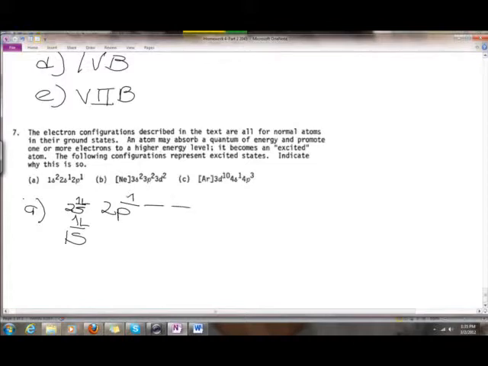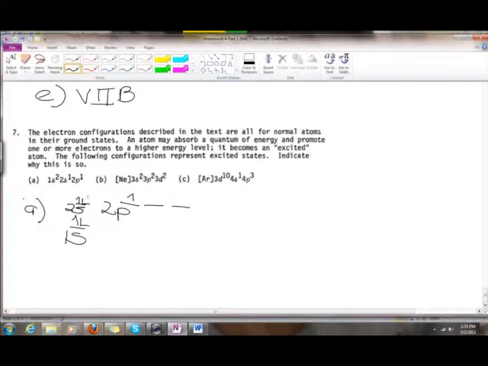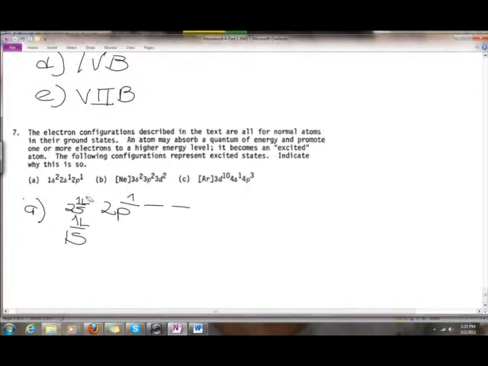What's happening here? Okay, let me double check that I did it right, because 1s2, 2s1, 2p1. Is that right? No, because we have to fill the 2s before the p, unless it's the exceptions on the transition metals. So that's why we have to fill the subshell before going to the next energy level, the next subshell.